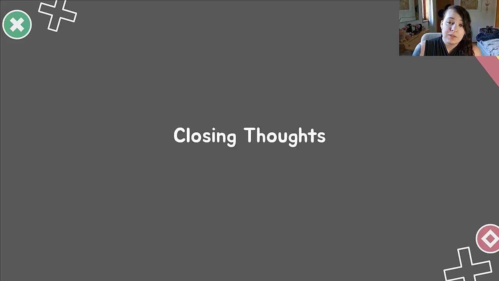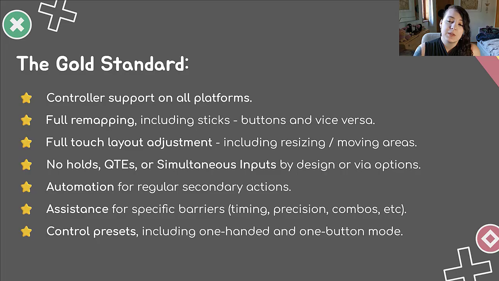So some closing thoughts. Excellent controls accessibility goes way beyond remapping, and the gold standard, in my opinion, is controller support on all platforms, including mobile, full remapping including sticks to buttons and vice versa, full touch layout adjustment on mobile and touch devices, including resizing and moving touch areas, no required holds, QuickTime events, or simultaneous inputs, either by design or through options.